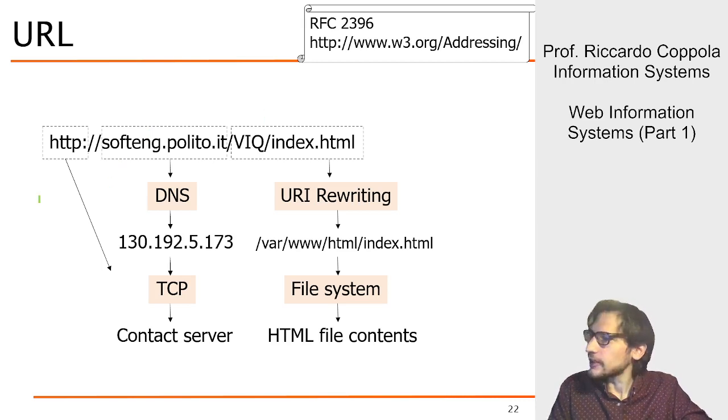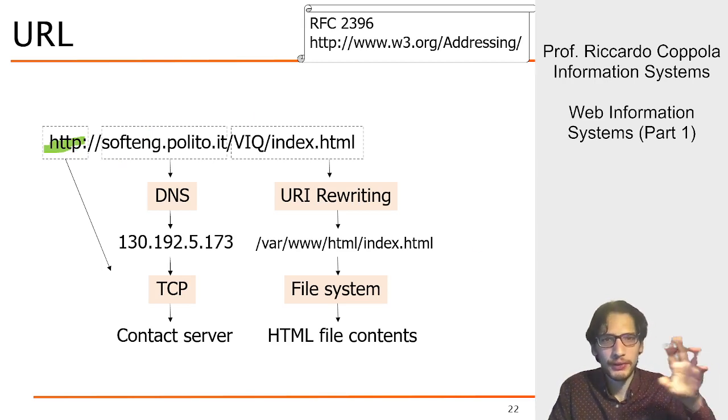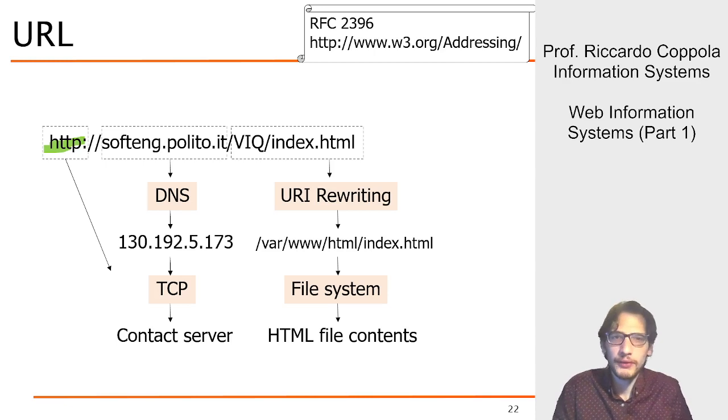In the first part of a URL, you have the protocol that you are using. So every time you write down into your address box http://, you are asking for a specific protocol to utilize to solve that address.